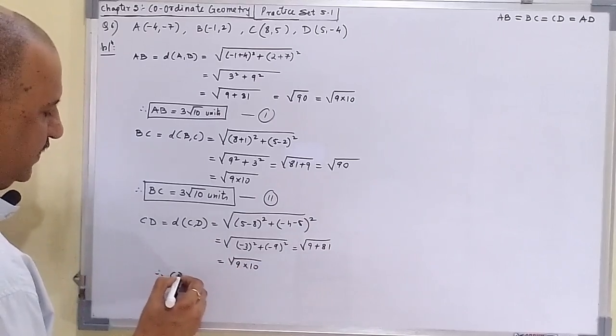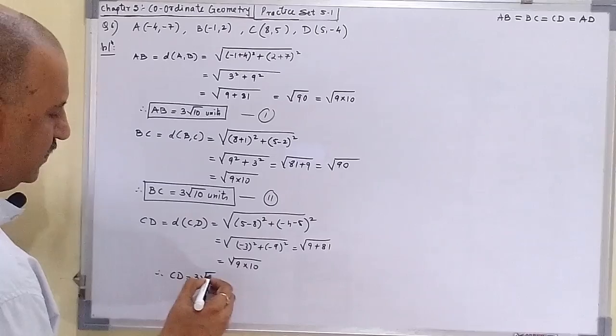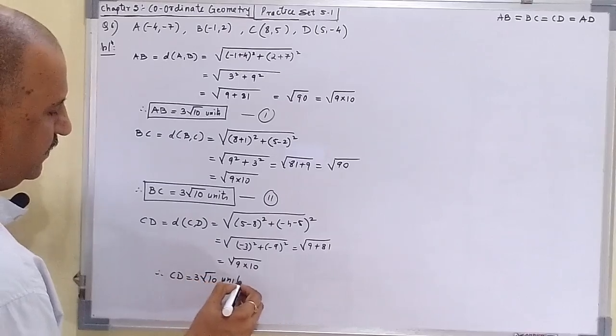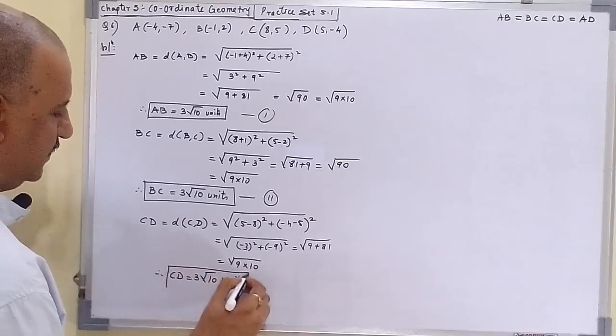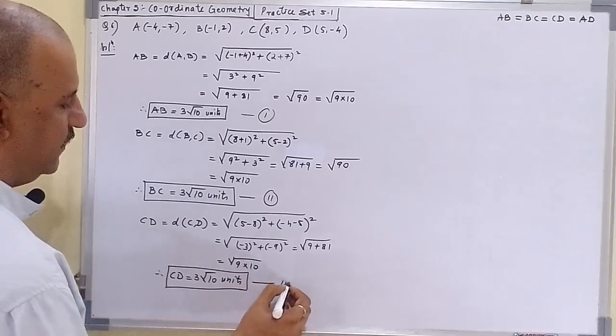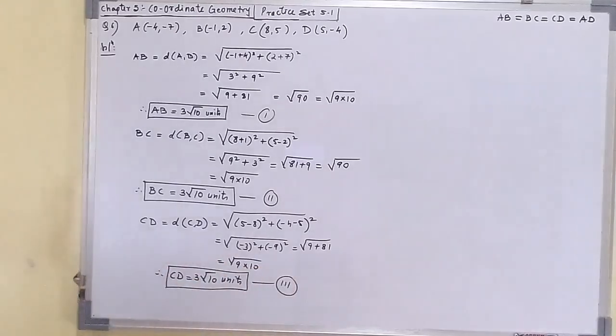Therefore what is CD? CD is 3 root 10 units. This is your question 3.